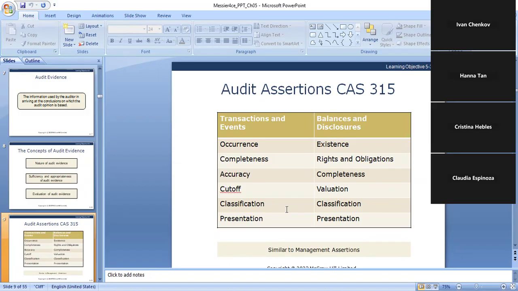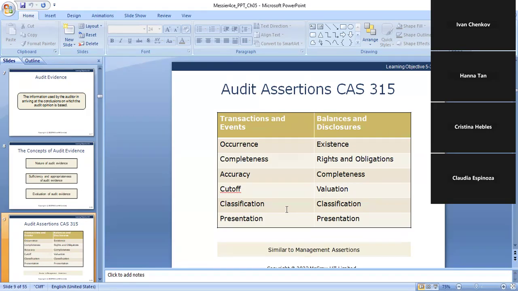So please know those assertions, because for those assertions, you have to gather the evidence through the audit process, putting in place the audit procedures, which is going to give you the evidence that this level of assertion actually is there.